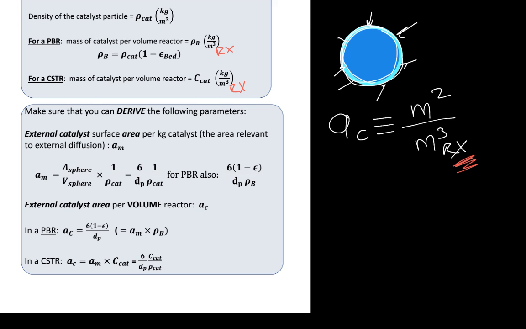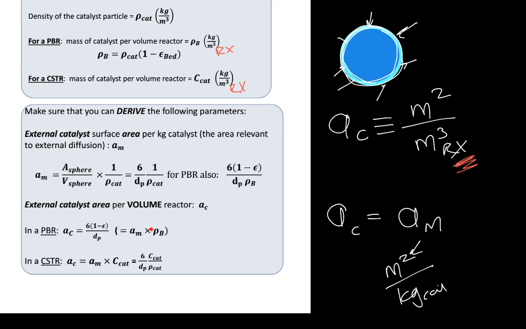For me, it is easier to start with the packed bed reactor. For a packed bed reactor and a CSTR, there are two different equations for this parameter. Start with the packed bed. What is AM? For AM, I have the equation. It gives the meter squared, or the external surface area, per kilogram catalyst.